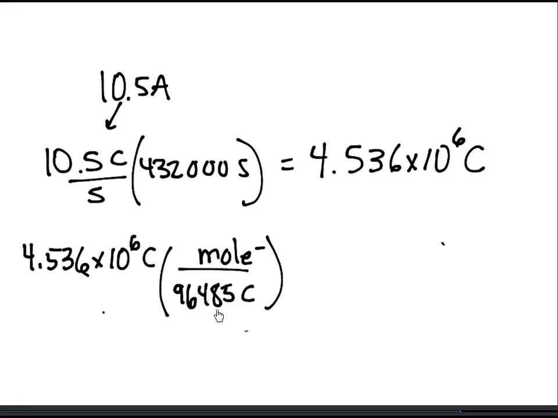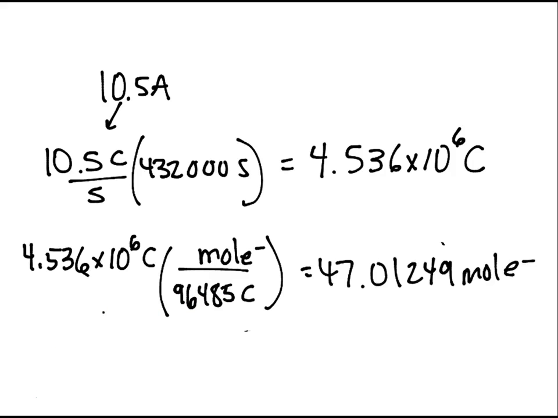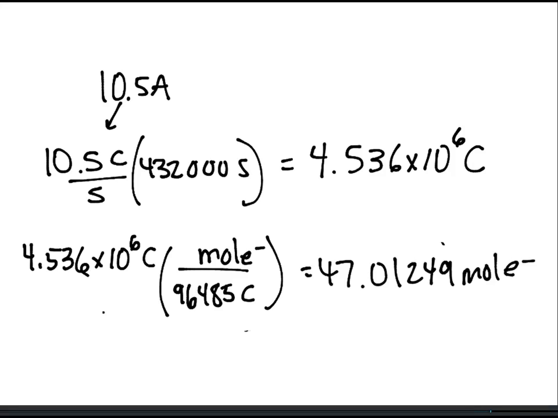I use 96,485 just because that's the number in my brain. Of course, you will use the number on the sheet so you don't have to memorize it. So coulombs cancel, and that tells us how many moles of electrons are supplied because we turned the electricity on at 10.5 amps for 5 days. That means we have supplied the reaction with 47 moles of electrons.